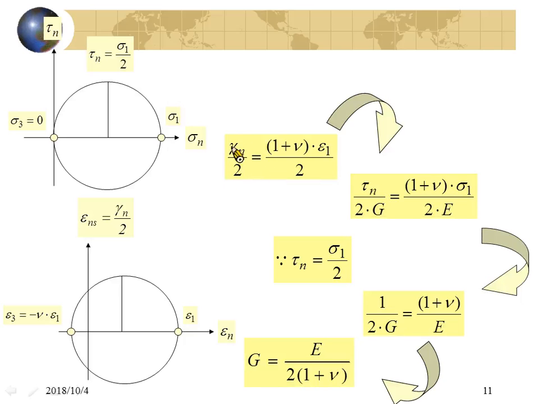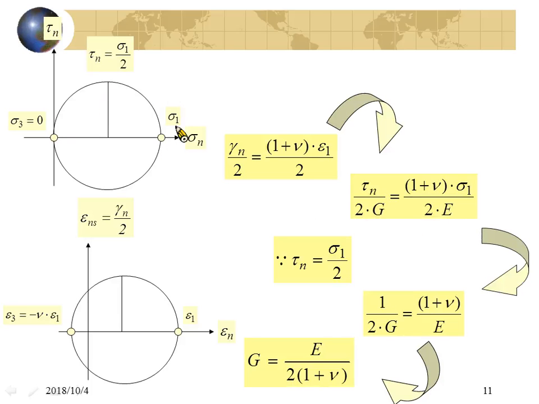And you can express the engineering shear strain as a function of shear stress. So the shear strain will equal shear stress divided by shear modulus. And the normal strain in direction 1 will equal sigma 1 divided by Young's modulus. Correct?